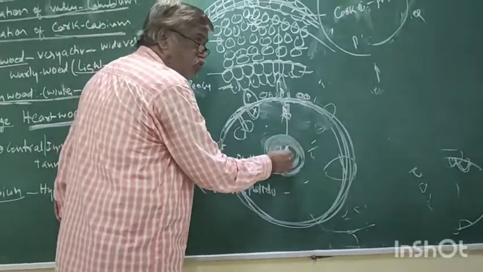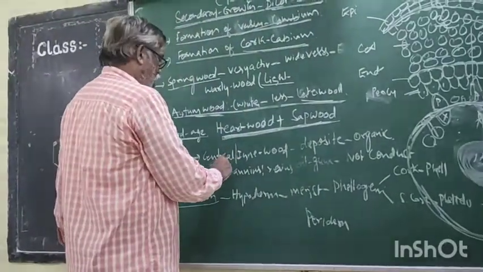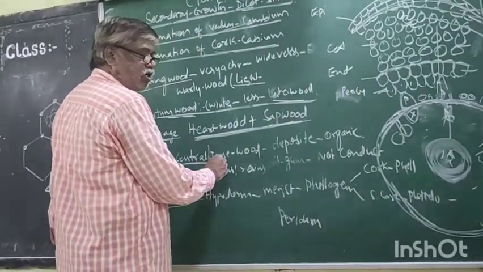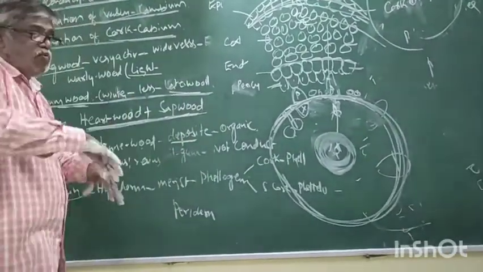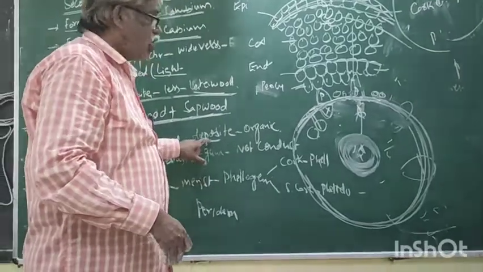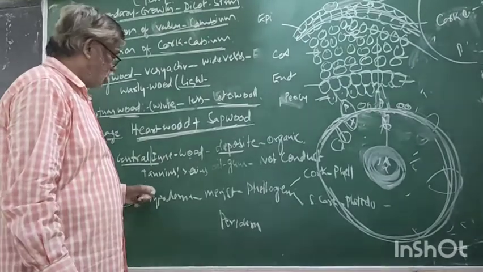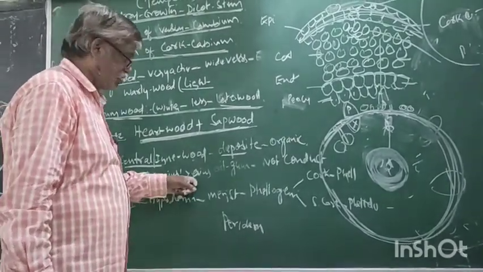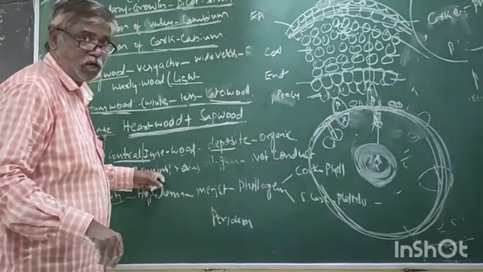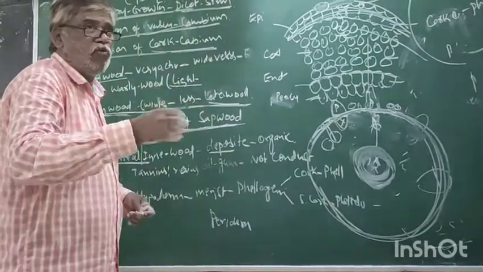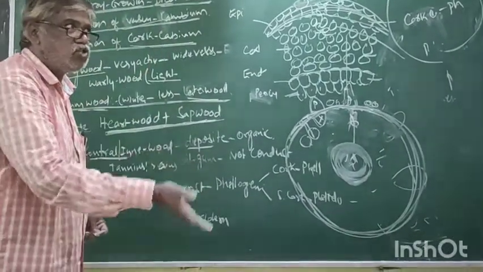This central, first formed inner xylem has cavities, and the xylem cavities deposit organic matter: tannins, resins, oils, gums. Due to this deposition of organic matter, the xylem fails as a conductive tissue, because the lumen is not empty.